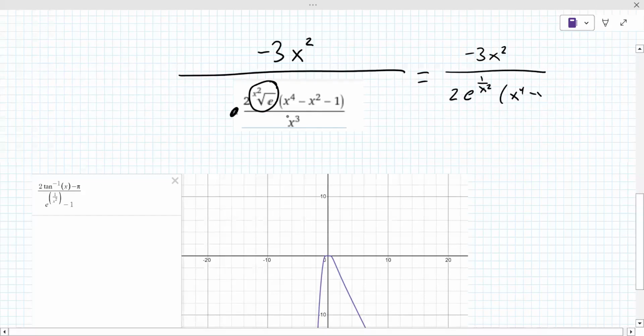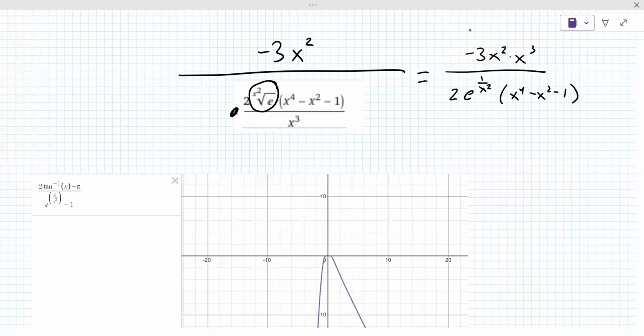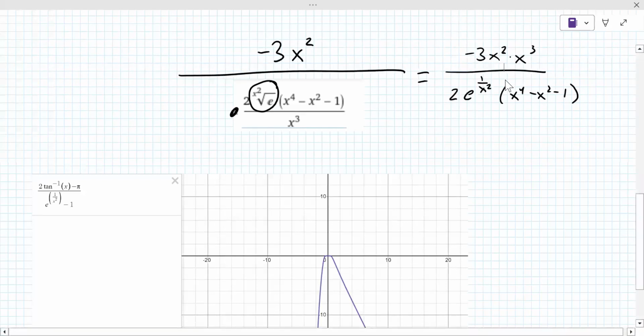And then the rest of it is okay as is. And then you can bring this x cubed up to the numerator like that. Problem is, then you have to take more derivatives. This is like an infinite cycle of stuff here.